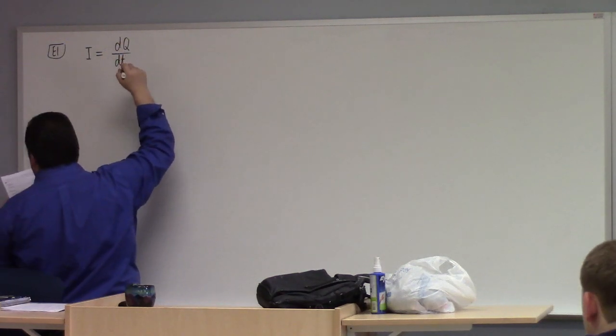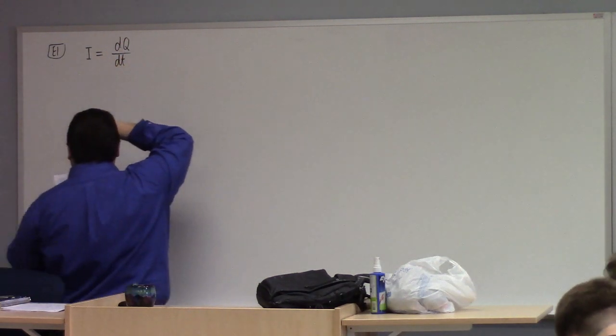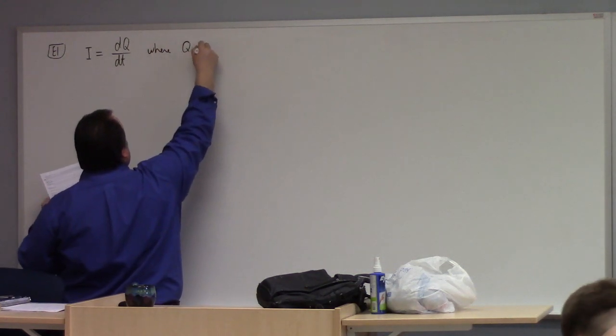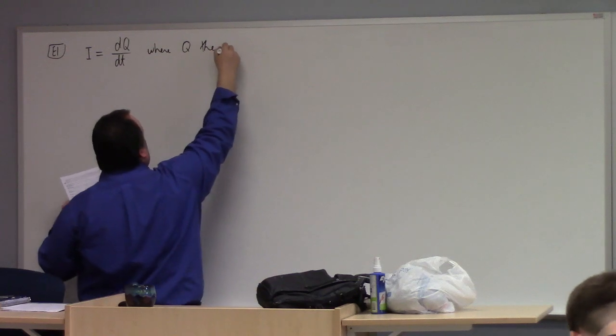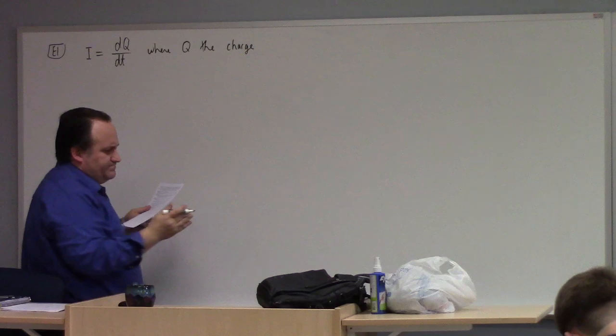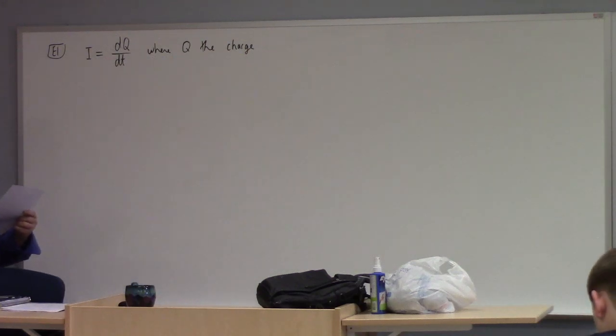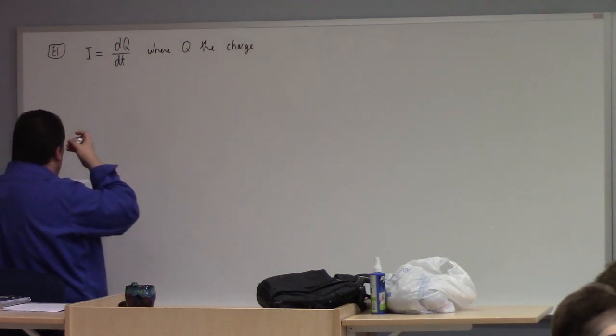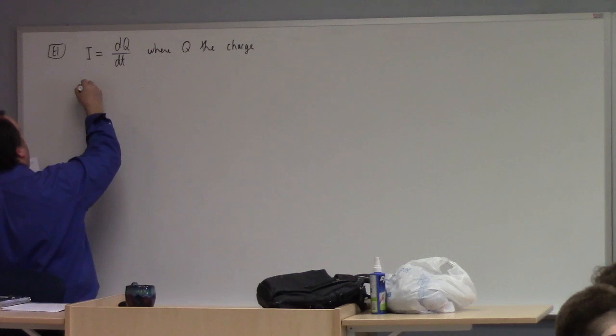This is a problem from circuits where Q is the charge, specifically the charge that's flowing past a particular point in the wire.